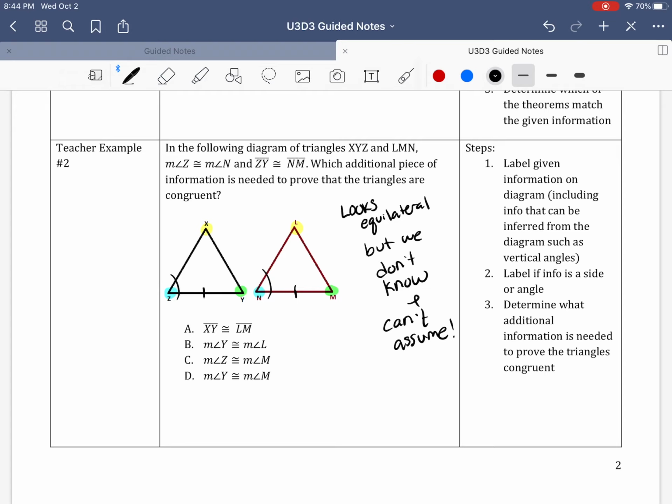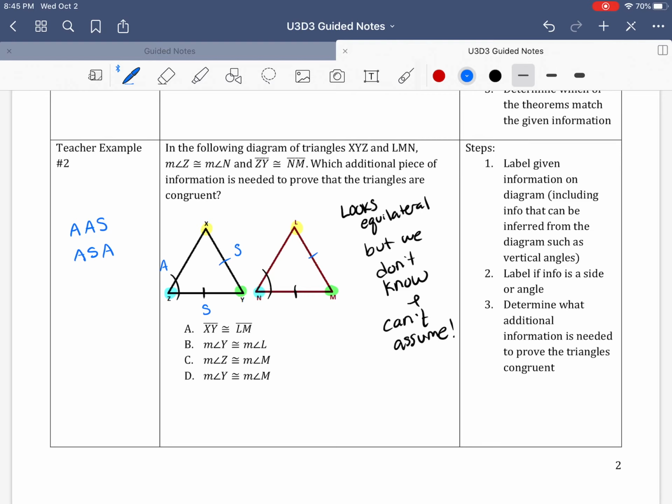Now let's go through our different answer choices here. And I'm going to do our different answer choices in blue. If I look at XY is congruent to LM, what I can do is label, this is an angle, this is a side, and this is a side. What we can recognize is AAS and ASA both require at least 2 angles.